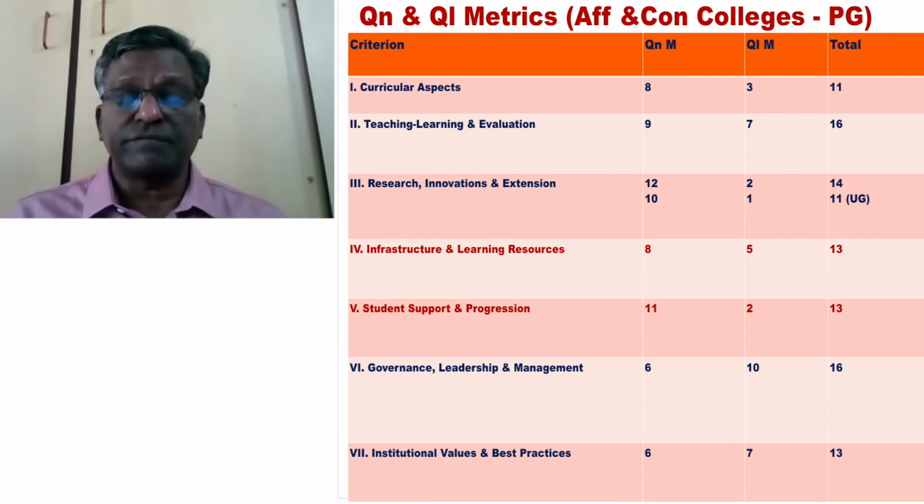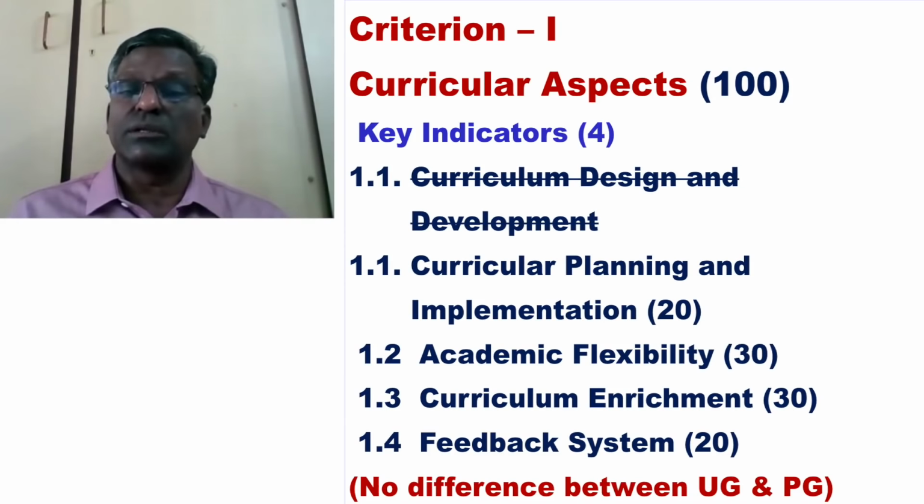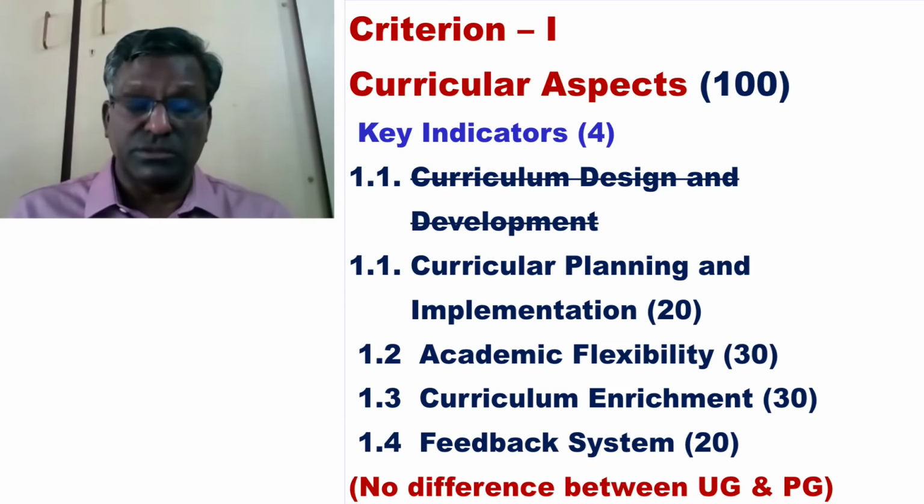So in the case of affiliated and constituent colleges with reference to criterion 1, there are 4 key indicators. 1.1, curriculum design and development, has been struck off because that applies only to universities and autonomous colleges which have the autonomy and the freedom to frame, to design their own curriculum. This autonomy is not available to affiliated and constituent colleges.